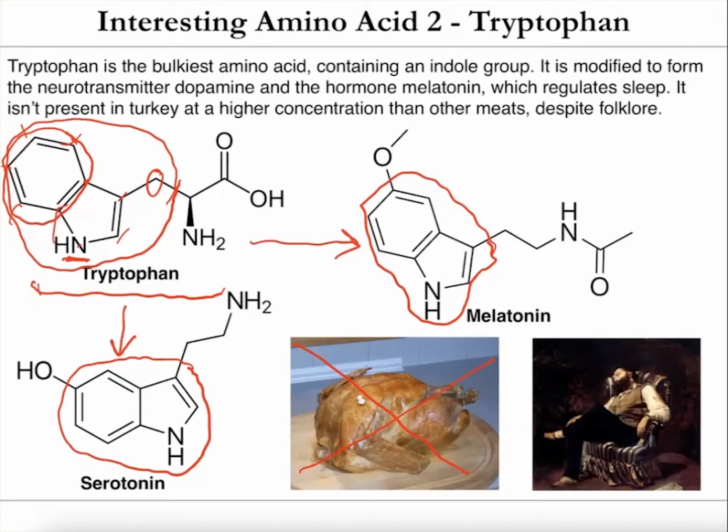That gets a little complicated, but regardless, there really isn't a huge link between the amount of tryptophan in turkey and sleepiness. It was always said that's why it made people sleepy, because people figured that tryptophan is turned into melatonin, and so when you eat a lot of turkey, because there's a lot of tryptophan in there, it puts you to sleep. That does not seem to be the case.